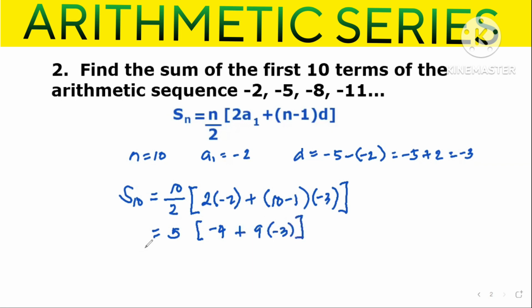So this is equal to 5 times negative 4. 9 times negative 3 is negative 27. So this is equal to 5 times negative 31 or negative 155. Okay, so this is our S of 10.